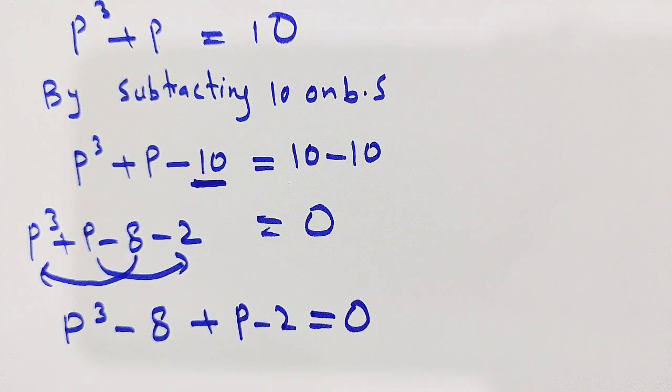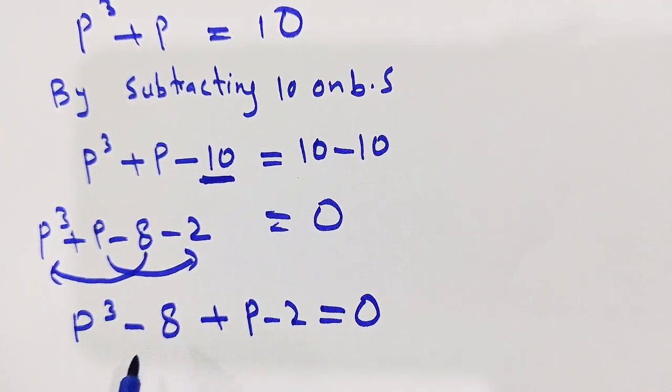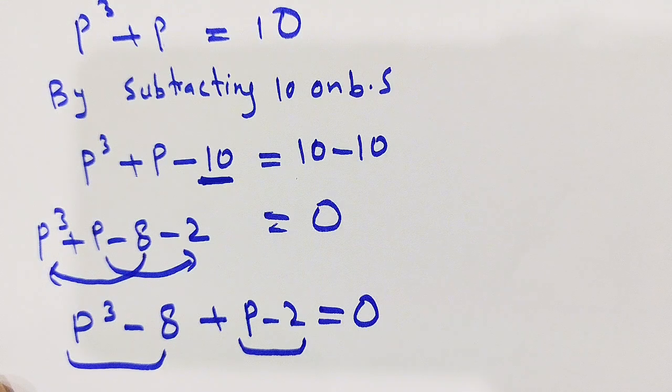Now simply what we have to do next: this is the first factor and this is the second one. Now p cube is the cube of p and 8 is the cube of 2.